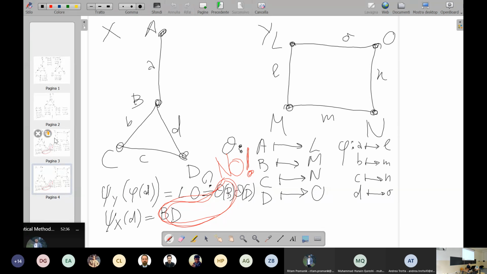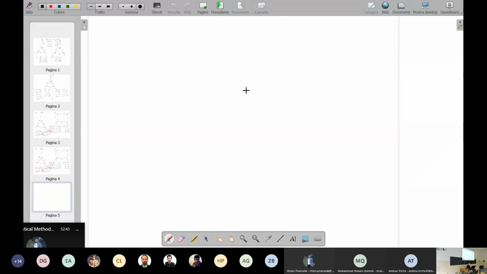Anyway, for one more case, I'll still give, at least at the beginning, also the correspondences for the edges. But I want you to tell me.